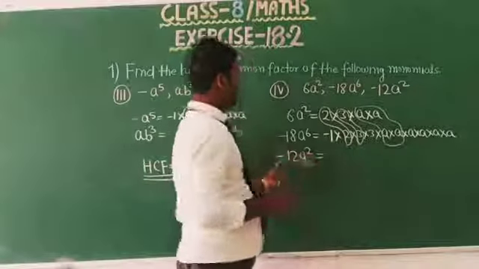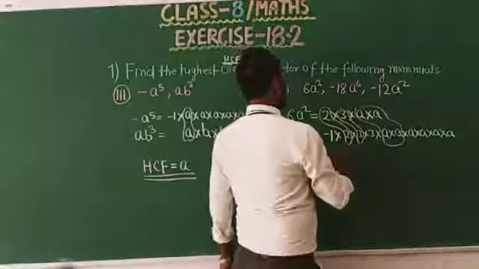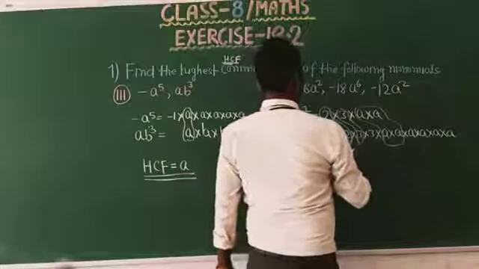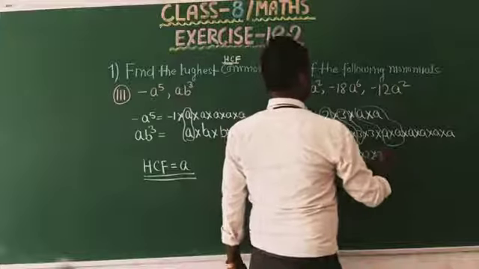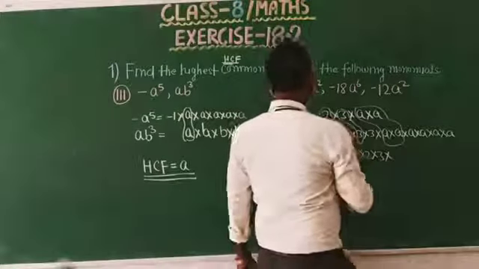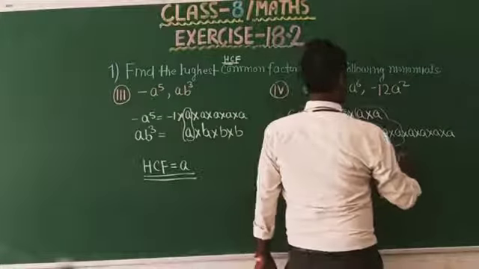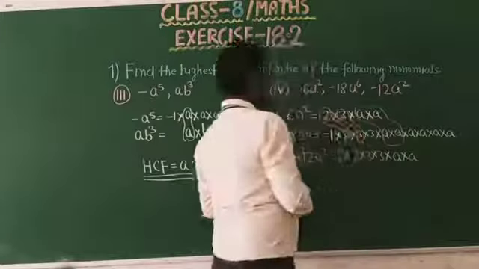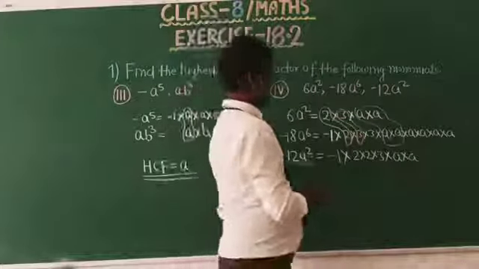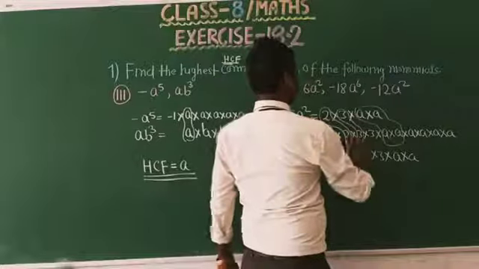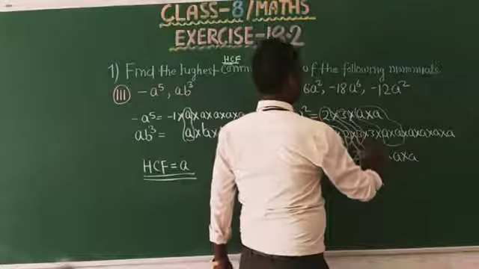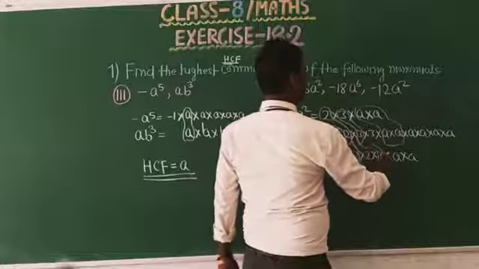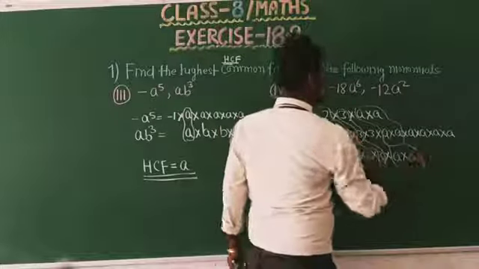Minus 12 a square can be written as the product of minus 1 into 2 into 2 into 3 into the product of a into a. So the common factors are 2, 3, and a.